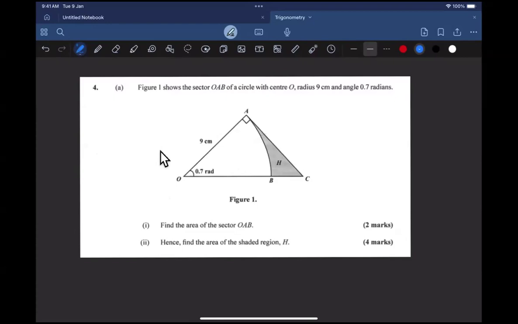Part 1. Yeah, part one. The area of the sector is 28.4 centimeters squared. Leave it to two decimal places. Yeah, 28.35. Kira, do you know how you got that?